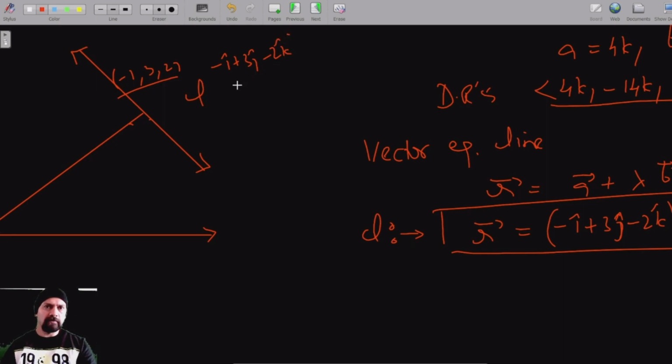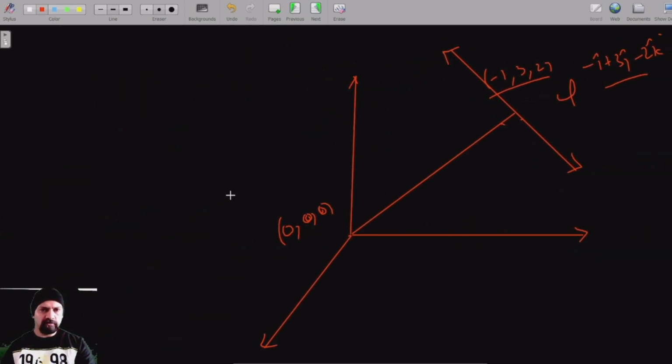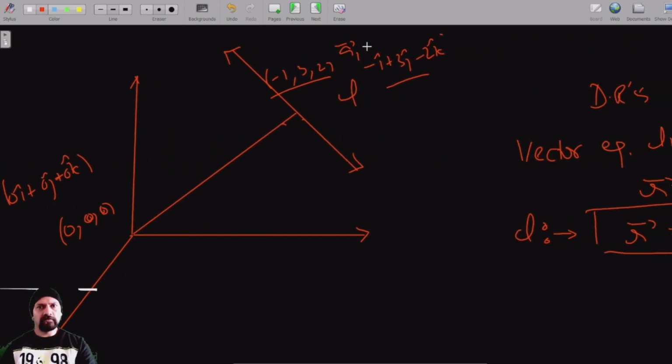And the position vector of the origin is 0i plus 0j plus 0k cap. Let's say this is a2 vector and this is a1 vector.